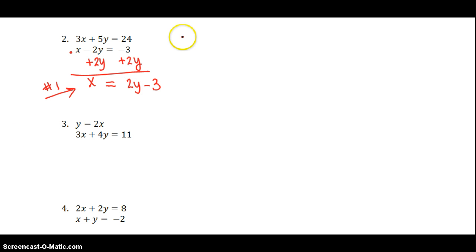I have an x. So step number 2, I'm going to replace in the first equation 3x, and in place of x I'm going to substitute 2y minus 3. So there, in place of this x, I plugged in 2y minus 3, plus 5y equals 24.